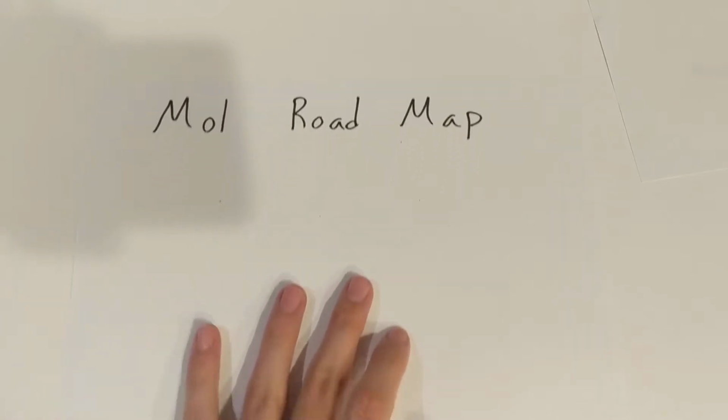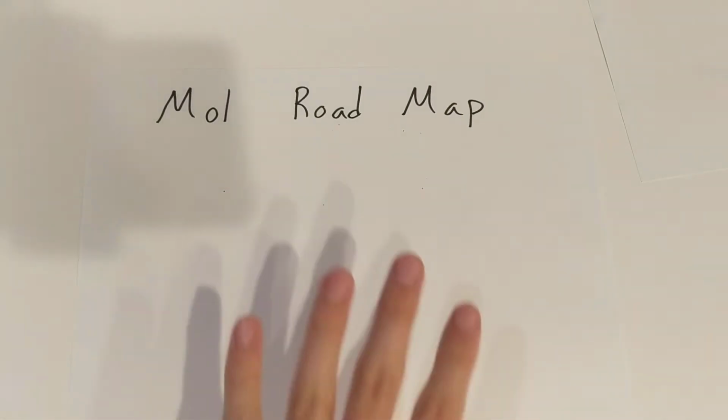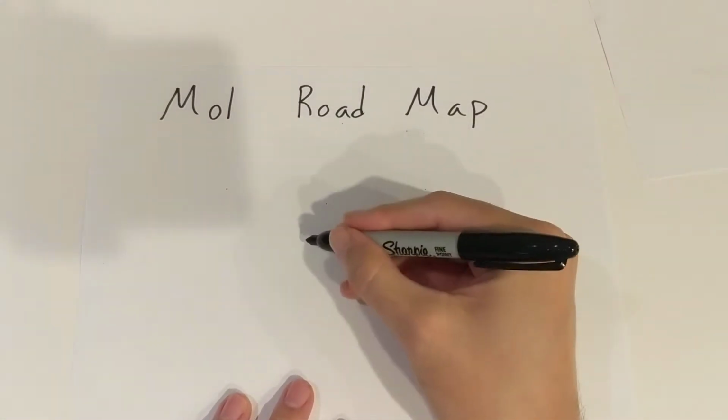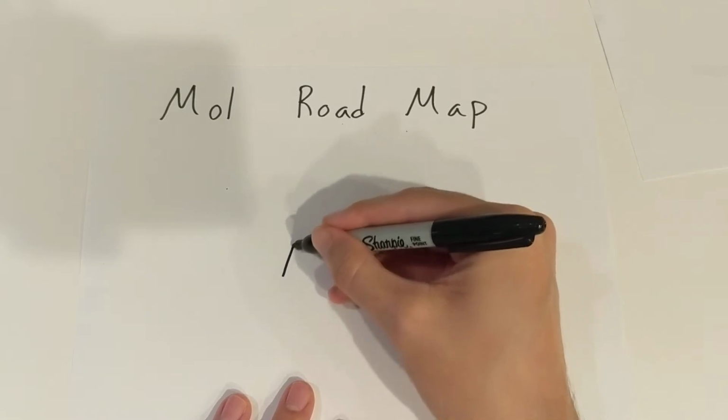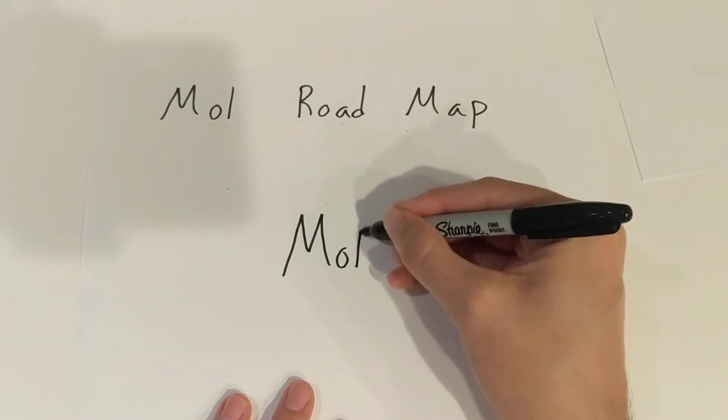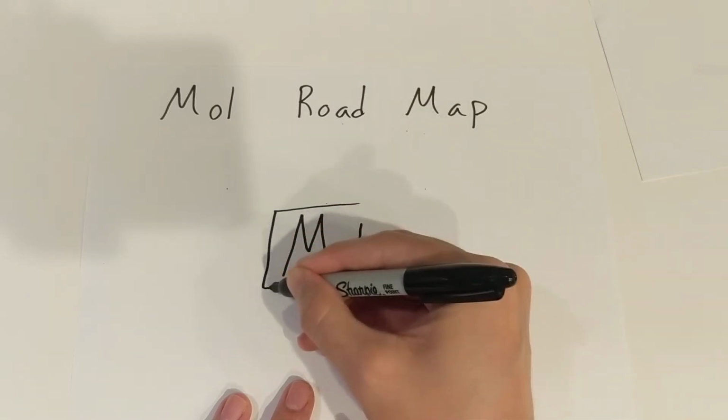All right, so the first thing we need in order to do this is to make our mole roadmap. So draw one of these in your notebook. And in the middle of our mole roadmap, we're going to have the mole. We'll put a little box around it. The mole.